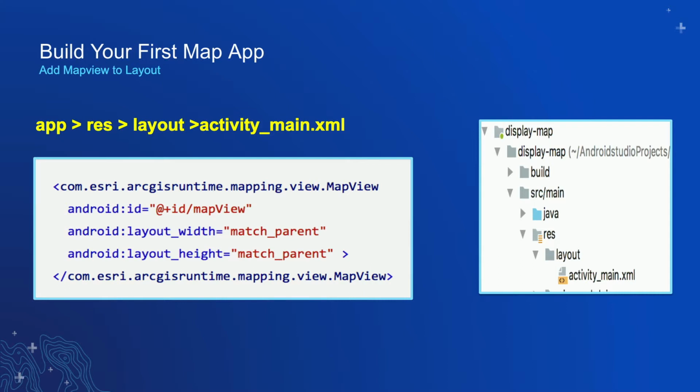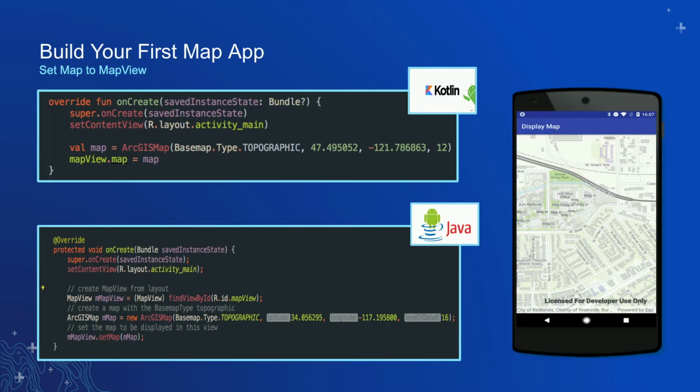Once you edit the layout file, you probably would want to go to your main activity, and on creation of the activity, all you need to do is load the layout file that you created and then create a map, provide a base map, maybe a center location and the scale at which you want to show the map. And that's it. It would be as simple as that, and then you just build the app and deploy it.